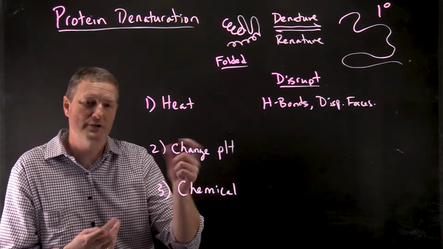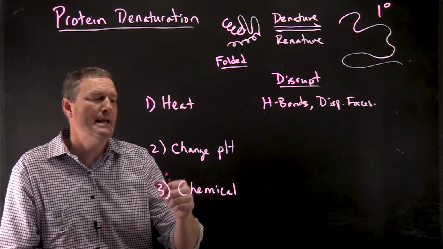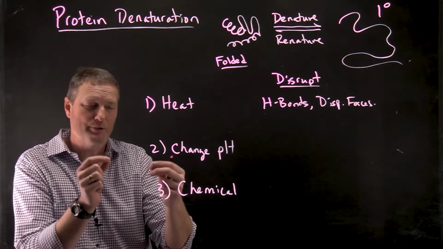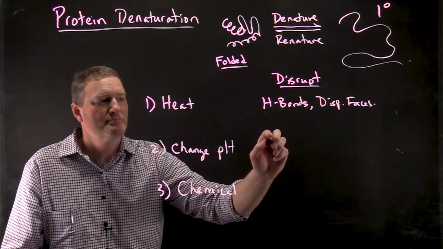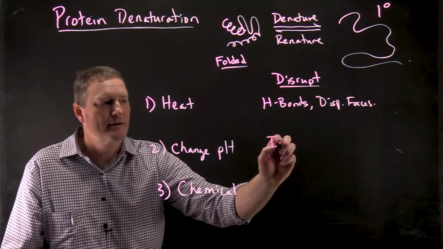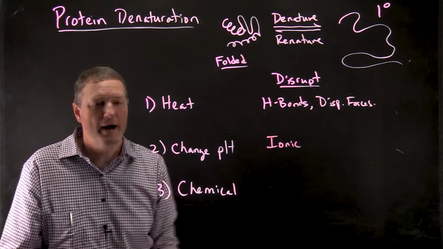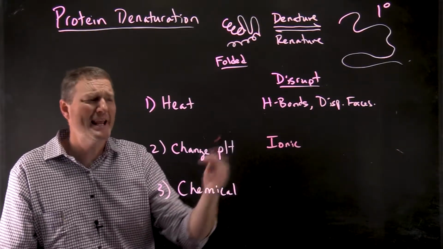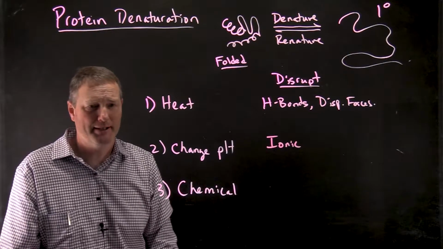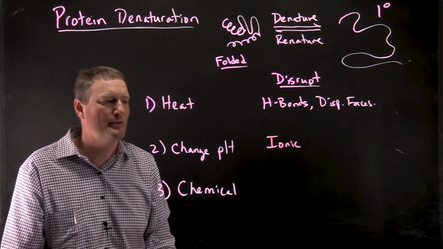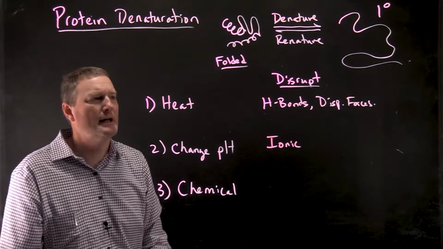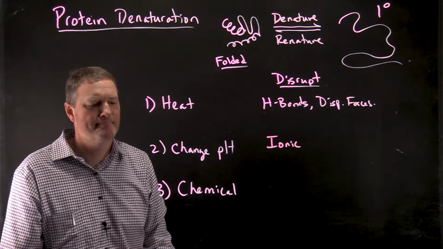So those will change from being positive to neutral. And if you disrupt those salt bridges, or those ionic bridges, you could unfold a protein. So changing pH typically changes ionic bonds. It also can slightly affect hydrogen bonding ability as well, because it does change the polarity of the water solvent. But the main one it's going to do is to disrupt ionic bonds.